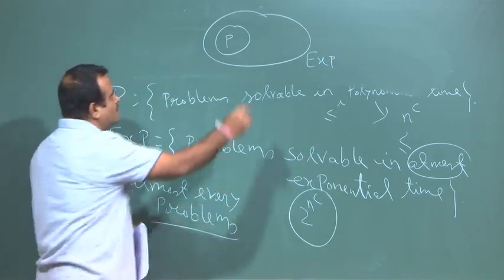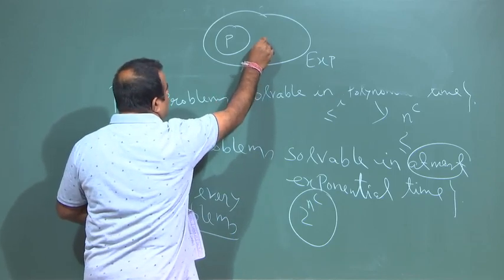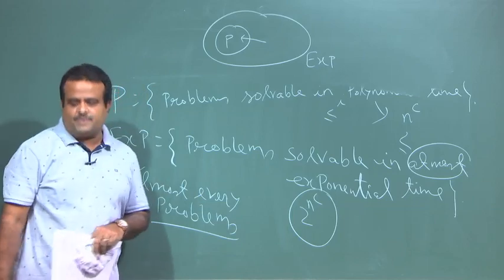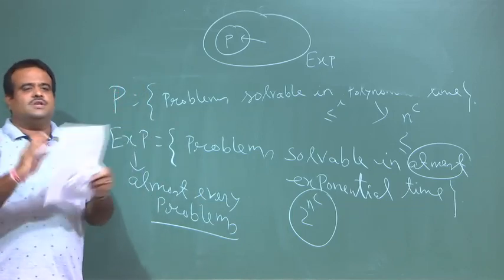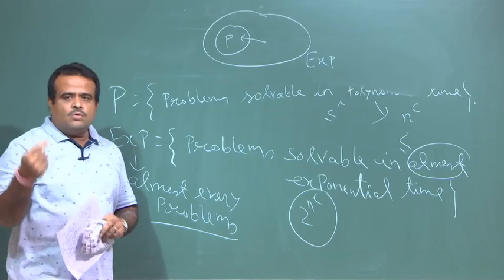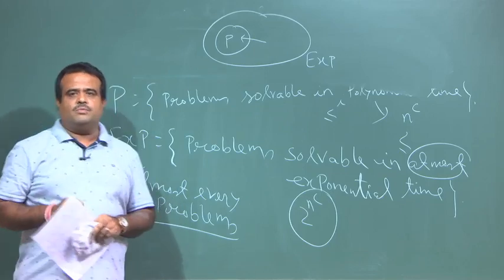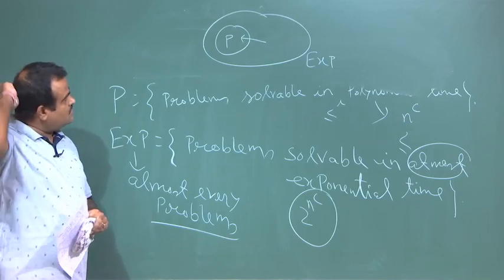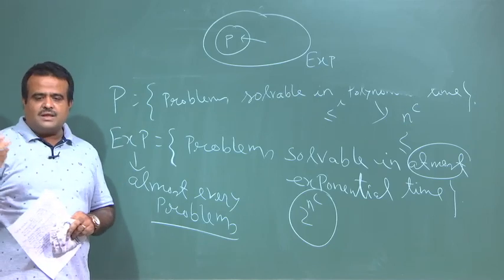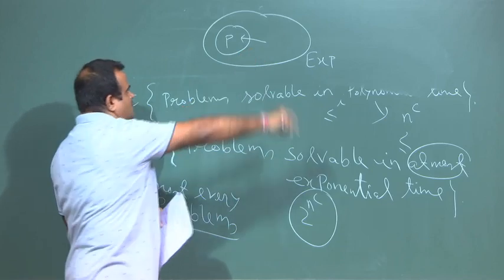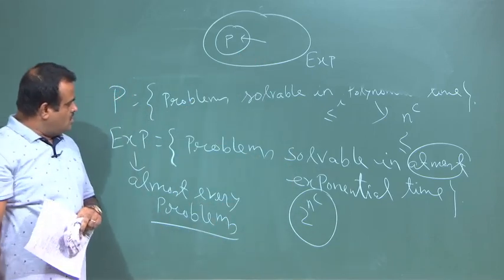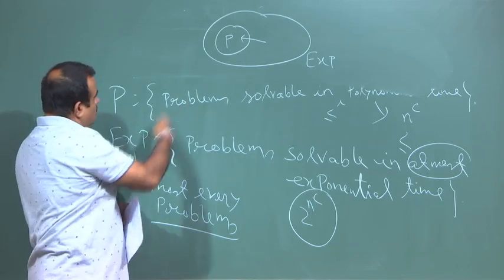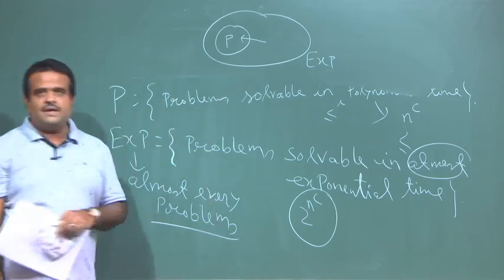We want to bring the problem from here to here. That we did for, say, dynamic programming problems. We know it is an exponential time algorithm, but we try to solve it in polynomial time with the help of memoization. We use all these techniques to bring a problem we know is exponential time into P. So P is a subset of EXP.